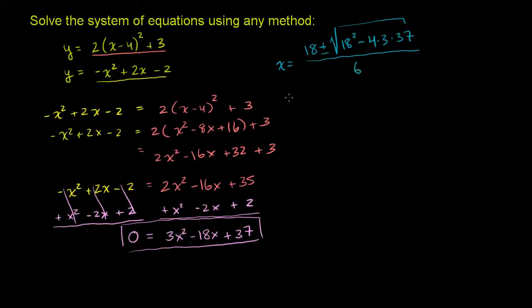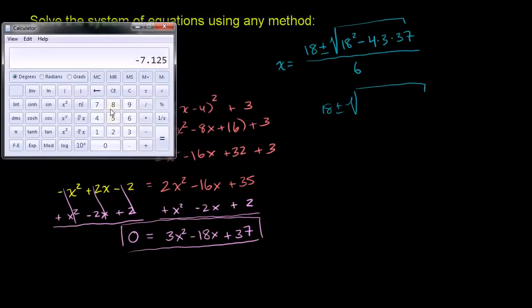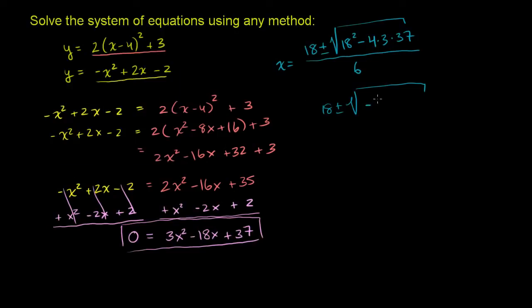Now let's think about what this is going to be. Let's just use our calculator. We have 18 squared minus 4 times 3 times 37. Negative 120. So 18 plus or minus square root of negative 120.